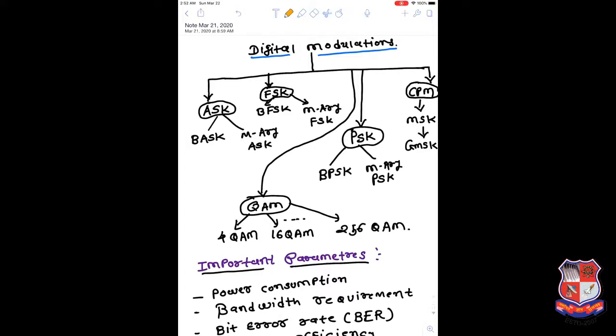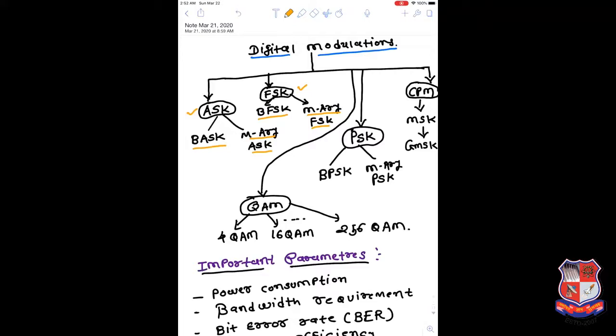So here the various digital modulation schemes are displayed. We can start with ASK, known as amplitude shift key. It can be further classified as binary amplitude shift key and M-ary amplitude shift key. Then another category is FSK, known as frequency shift key. It can be further classified as binary FSK or M-ary FSK.